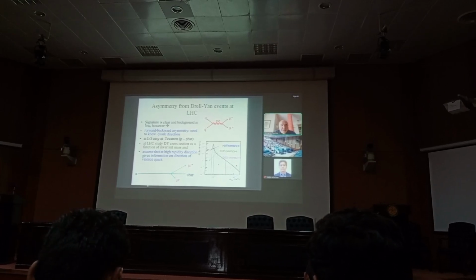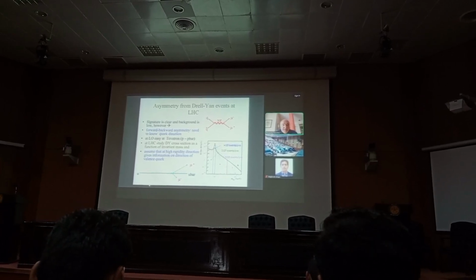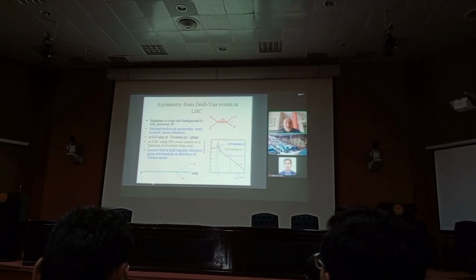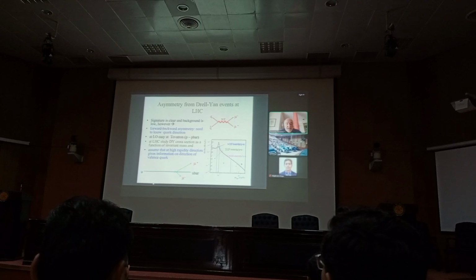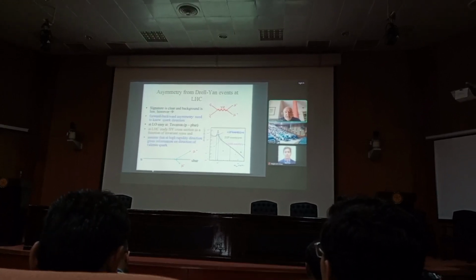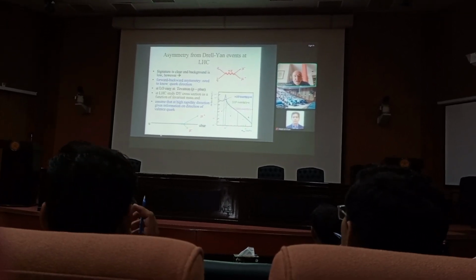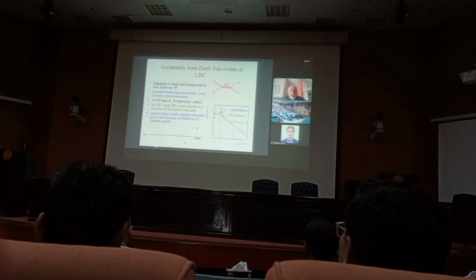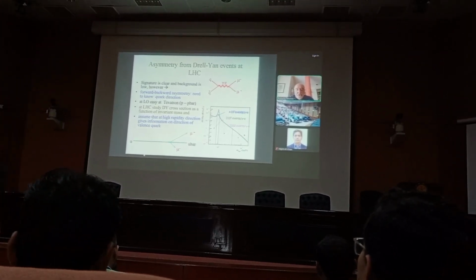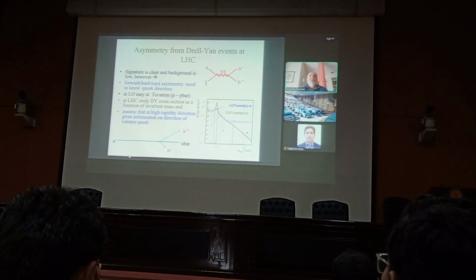So you know that the valence quark can be a U or a D, so you have the direction of the valence quark. You can assume that it is from the proton going in the same forward direction, and the anti-quark is on the other side, and in that way you can have a reliable assumption on the quark direction.